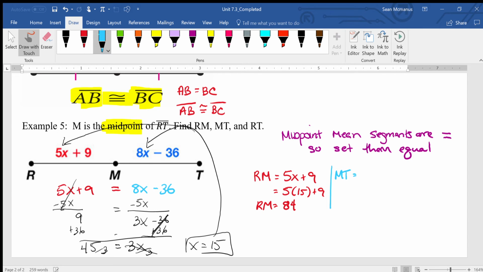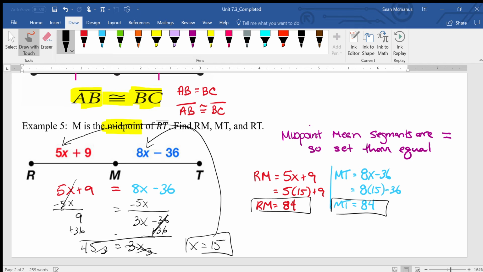MT was 8x minus 36. X was 15. 8 times 10 is 80 plus 40, so 120 minus 36. So that would be 84. And I see that they are equal.